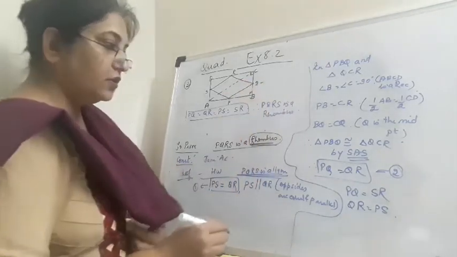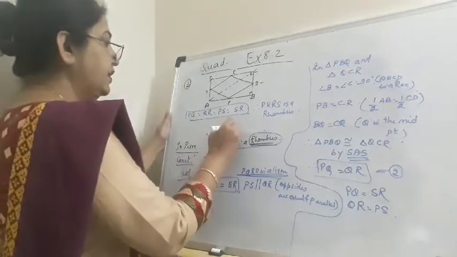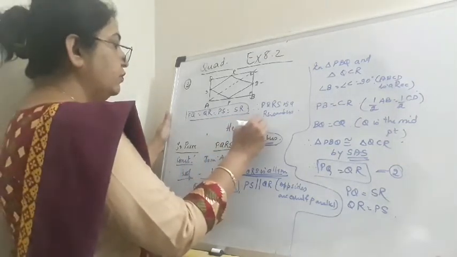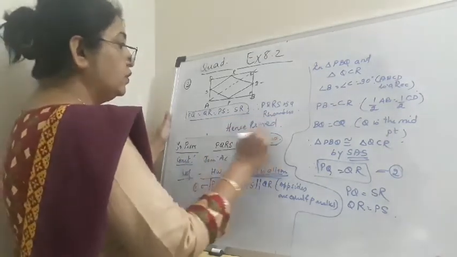So I hope it is clear to you that this completes the proof that PQRS is a rhombus.